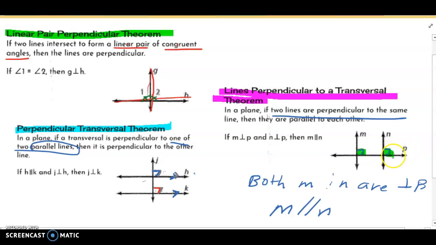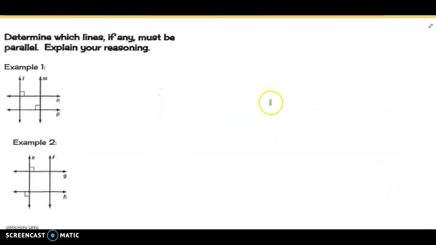So once again, this is a theorem that we could have gotten there without using the theorem, but this just makes it a little bit shorter and easier.